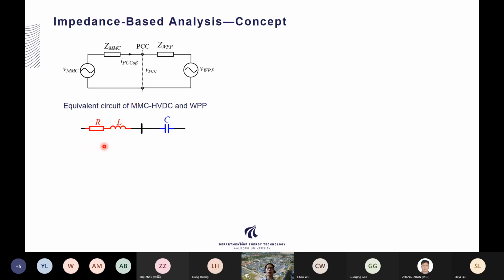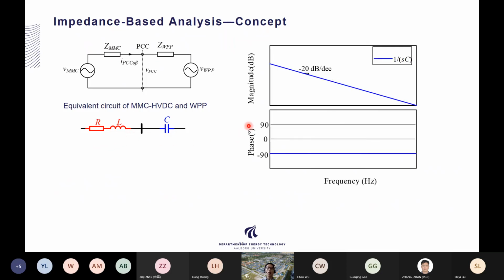I think that is quite straightforward, right? For this RLC system, we can directly know whether the system will be stable or not. For example, let's first plot the impedance of the capacitor in the frequency domain. You can see that, as common knowledge, the magnitude of the capacitor decreases as frequency increases, and the phase angle of the capacitor will always be minus 90 degrees.